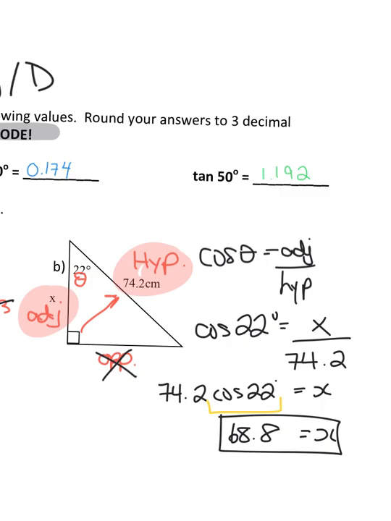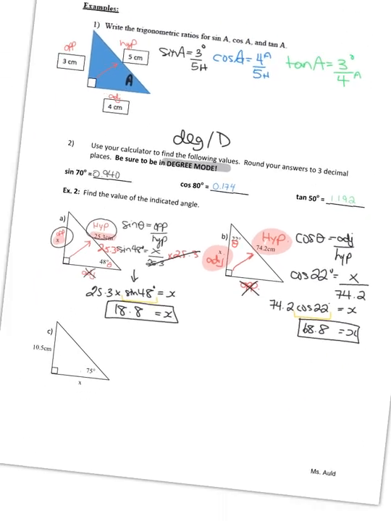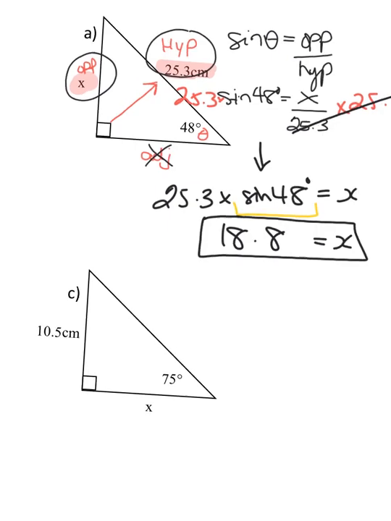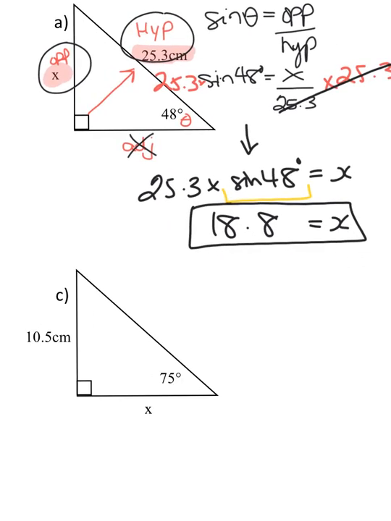Okay, so hopefully you got that. And let's come down and we'll try one more question. So this time we have our theta is down in the bottom corner again. So let's put theta there. My opposite is going to be across from theta, so that's this one over here. My longest side is always the hypotenuse, so we should have done that one first, but either way. And then x is beside, so there's adjacent.